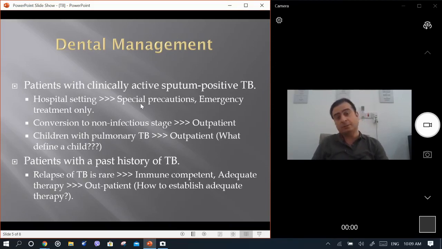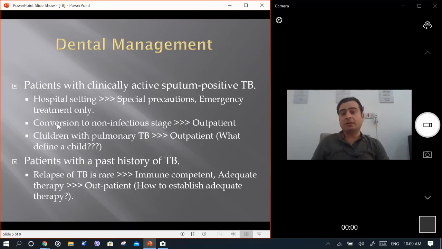Special precautions need to be adopted, which means the hospital needs to be fitted with a special ventilation system, and the operators need to wear special protective equipment like gowns, eye protection, masks, and gloves.